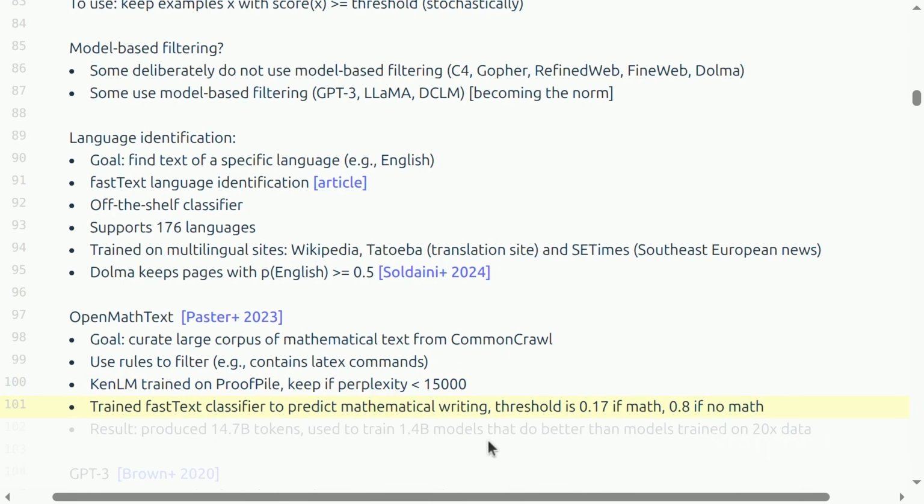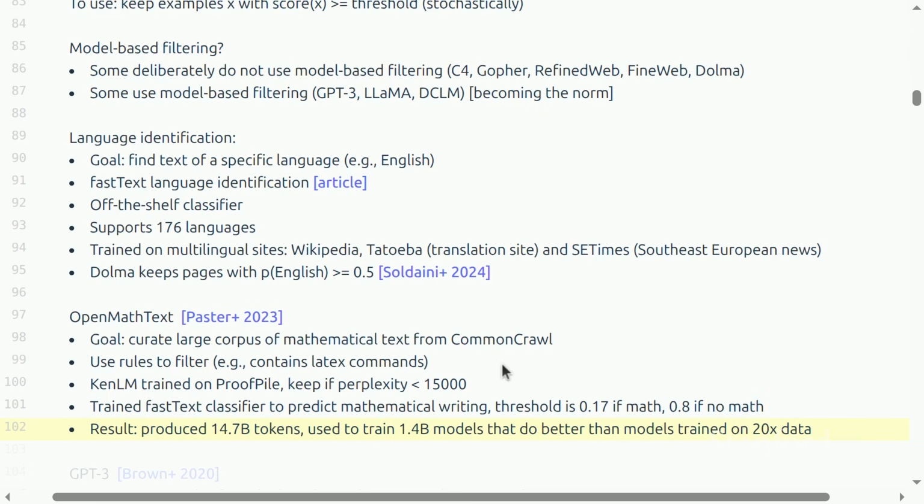And then you also train a fastText classifier to predict whether it's mathematical writing or not. And there are two different thresholds: if it has LaTeX in it, it's a lower bar, but if it doesn't have LaTeX in it, it's a higher bar. As a result, they got 15 billion tokens, which they use to train models.